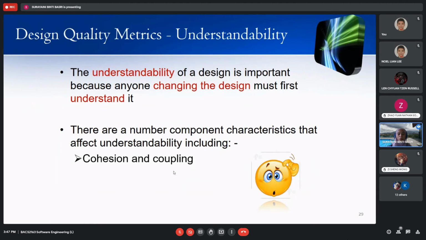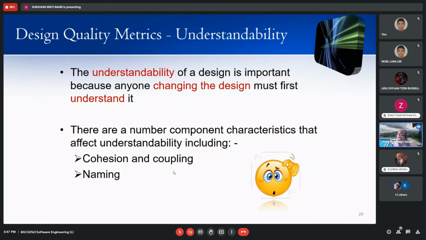So whoever takes over the system in the future, maybe the maintainer, when they read your SDD, the software design document, and analyze how you arranged the modules, the functions, and the subsystems inside your system, they can easily understand it if you have implemented functional cohesion and a loosely coupled system.